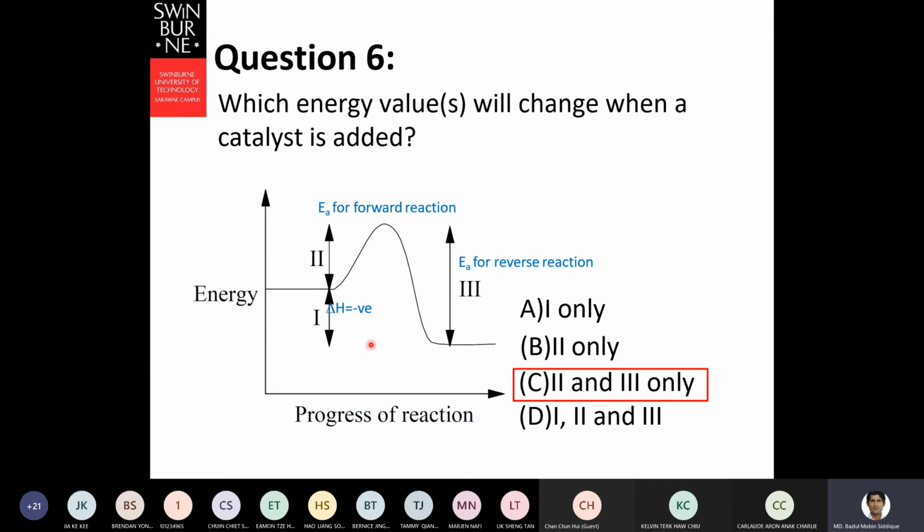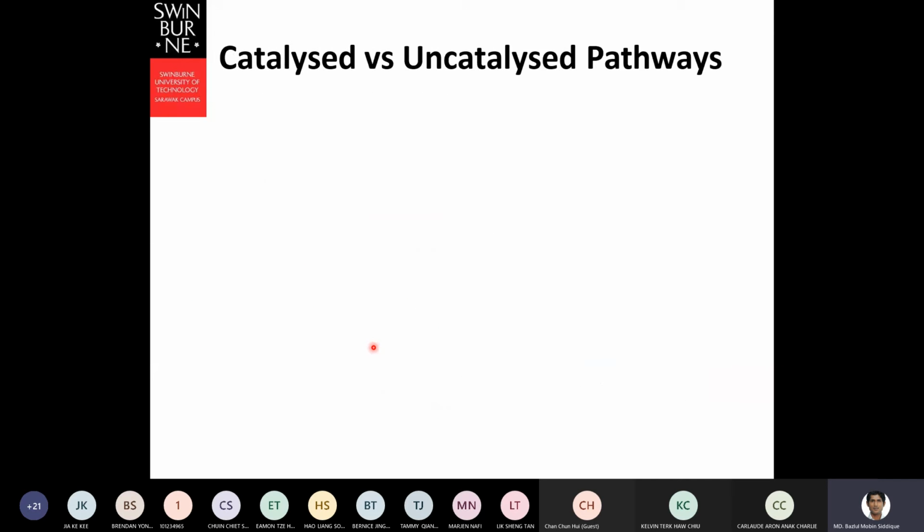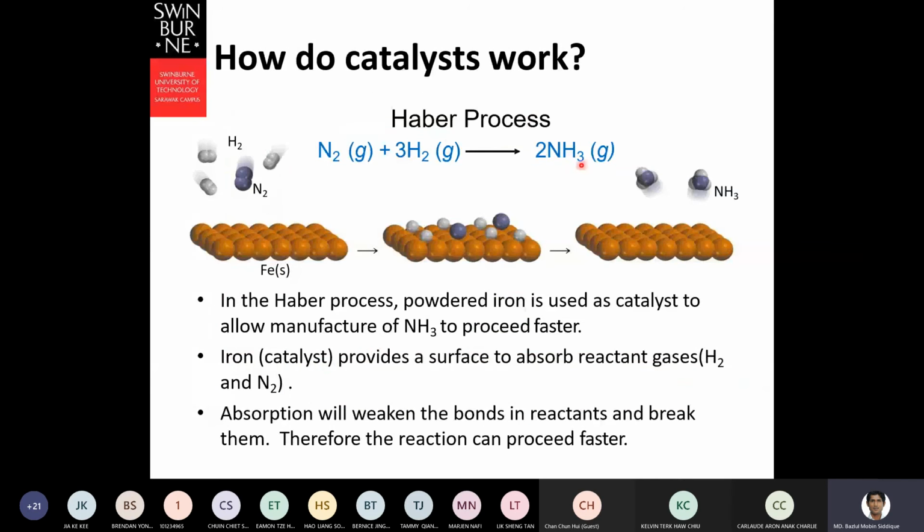If it is a reversible reaction, which ammonia is, since this iron is giving a pathway or a space for them to produce the product, this product can also be broken down to the reactant, because this iron is neutral.